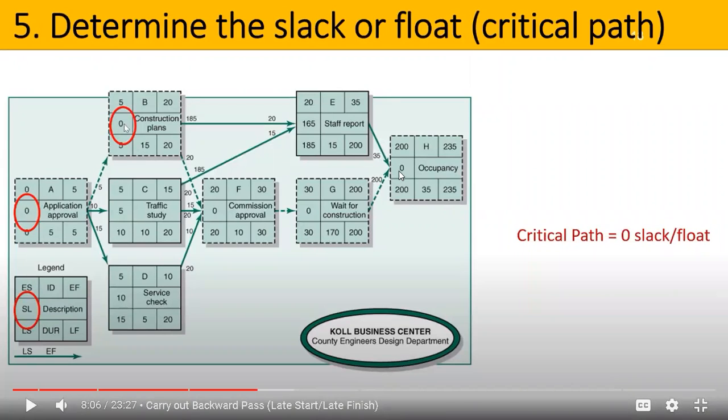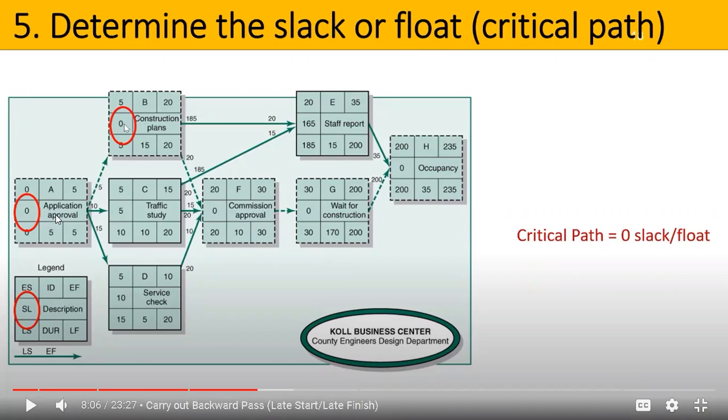So anywhere at all where you see the 0, that's what we are looking for to get what is known as the critical path. And the critical path is the longest path through which the project is supposed to finish. Usually they use a thick line to indicate that.